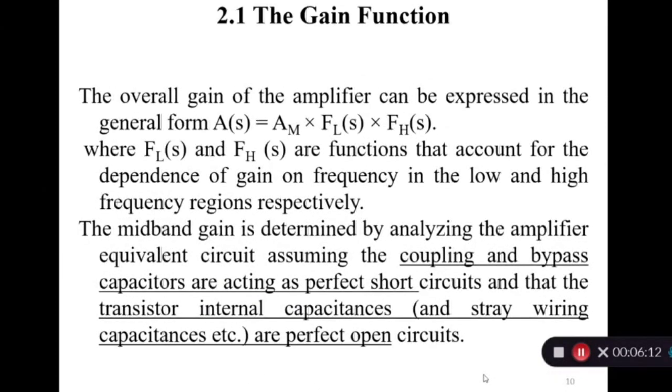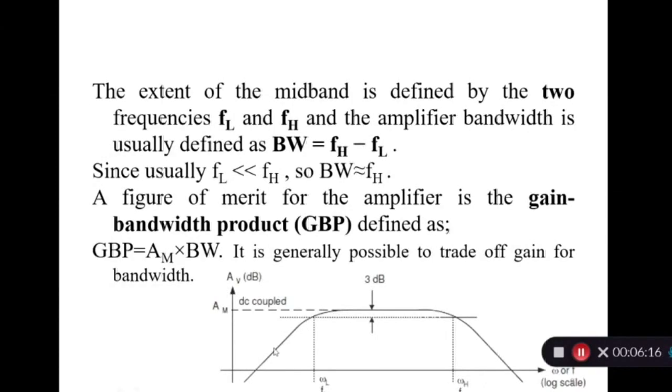What is the gain function? It means how to calculate the overall gain. Going to the circuit and this graph again, the overall gain is the gain of the first section multiplied by the gain of the second section, which is AM, multiplied by the gain of the third section.